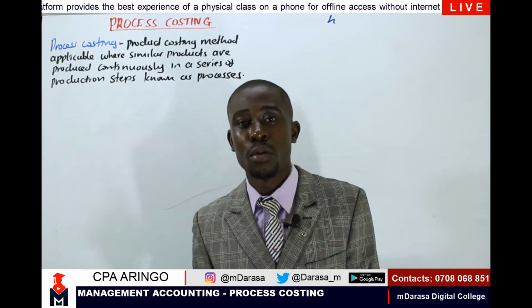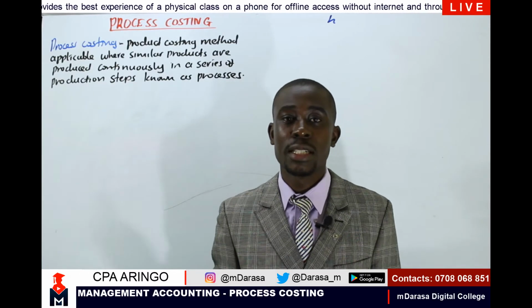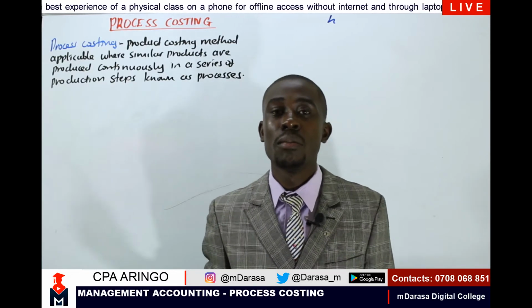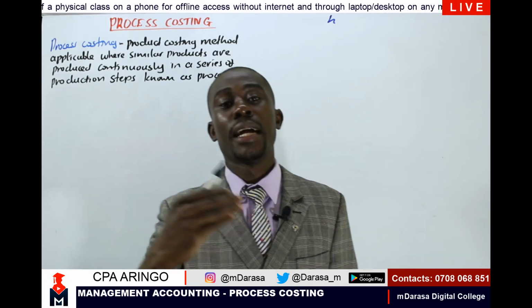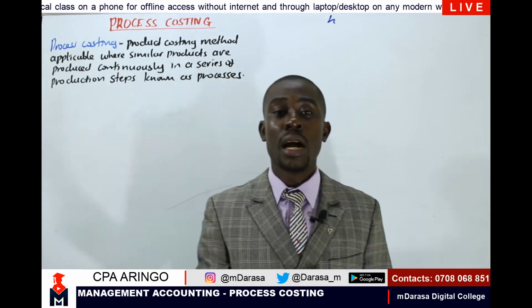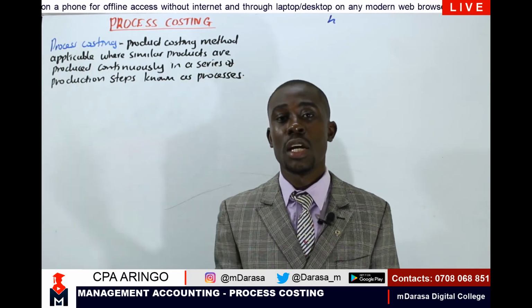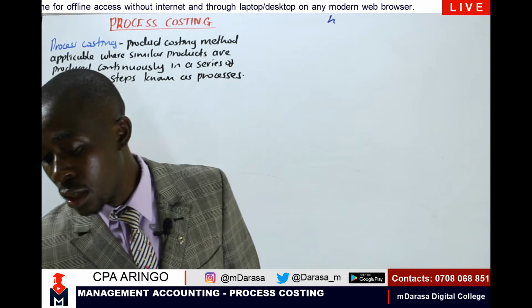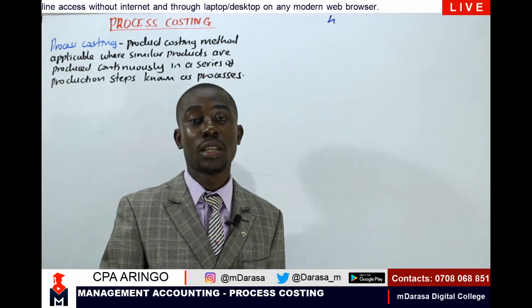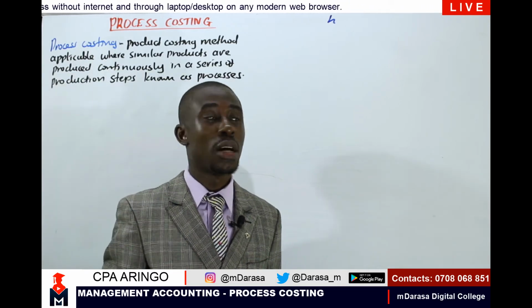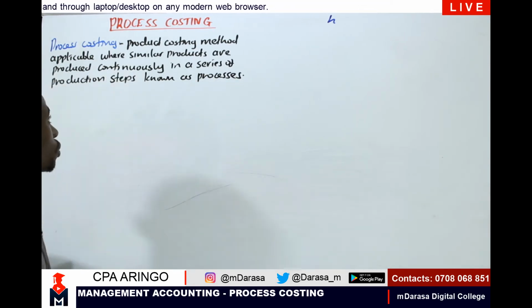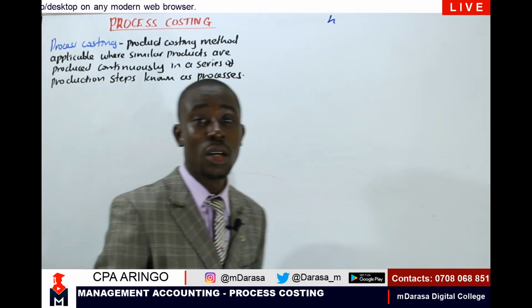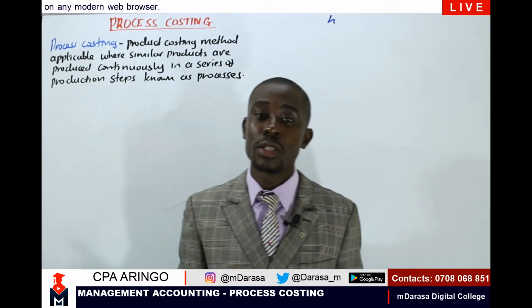And in the event that I anticipated a certain number of losses, but I incur less loss than anticipated, or I incur more loss than anticipated, how will we treat such cases? That should take us to a very important concept, which we'll also be looking at under process costing, where we'll look at several components such as normal loss and all that.